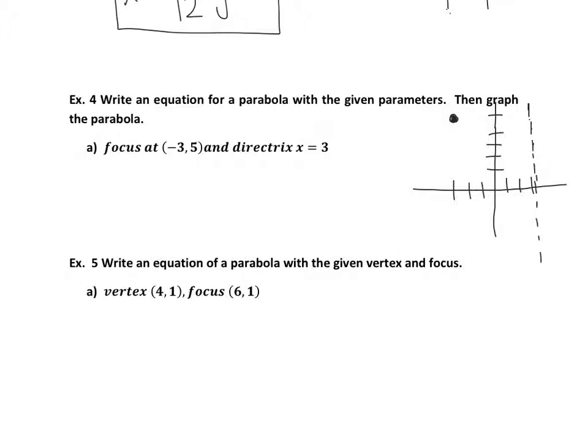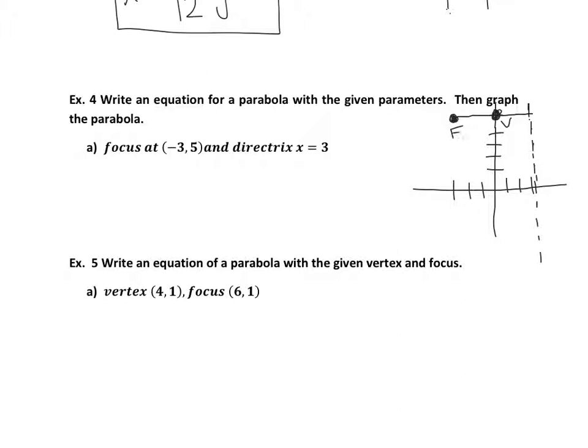So somewhere in between, halfway in between actually, is my vertex, right? So first off, let's count and see. It is 1, 2, 3, 4, 5, 6 units from our focus to our directrix. So if it's 6 units, then that means 3 units is halfway in between, and so right here is going to be my vertex.